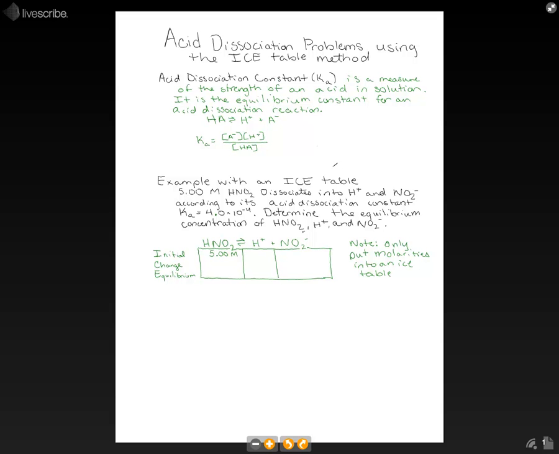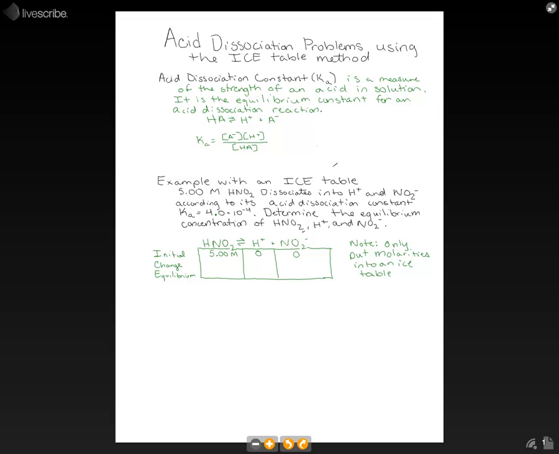Okay, so our initial concentration of H plus and NO2 minus, we're going to say is 0. Now, if we had a very weak acid, we might want to put in the amount of H plus that we get just from water dissociating. But in this problem, with our Ka being this large, it's only times 10 to the negative fourth, that won't really factor in.